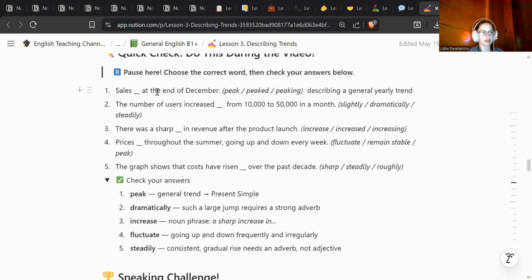Sales peak at the end of December, describing a general yearly trend. The number of users increased dramatically from 10,000 to 50,000 in a month. There was a sharp increase in revenue, yeah? Prices fluctuate throughout the summer. The graph shows the costs have risen steadily over the past decade.